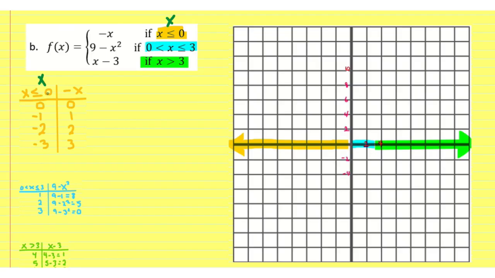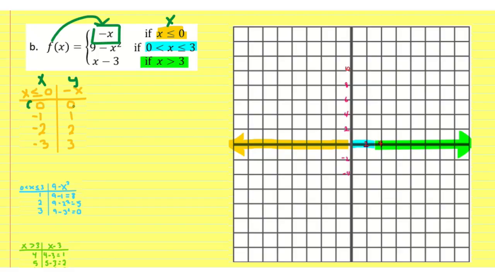It says it's less than or equal to 0, so I chose 0, negative 1, negative 2, negative 3, because those are all less than or equal to 0. And it produces a y value, because that's the function value. The function value is produced by negative x. And it gives me values of 0, 1, 2, and 3.